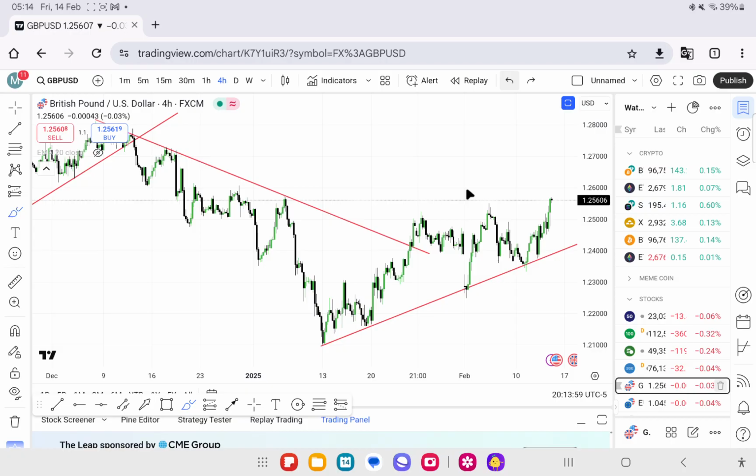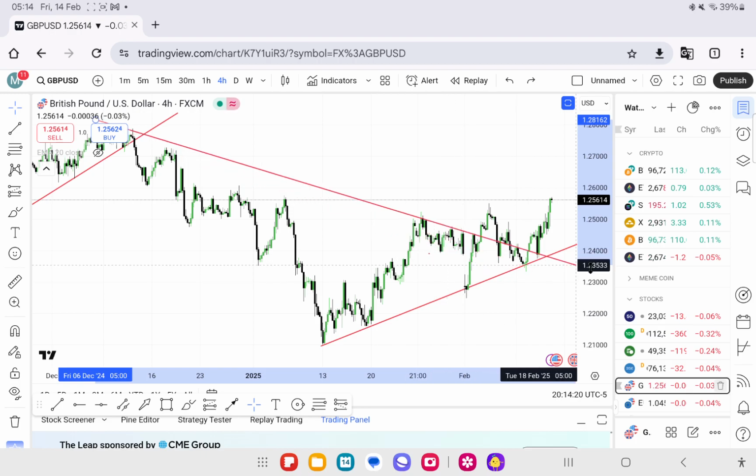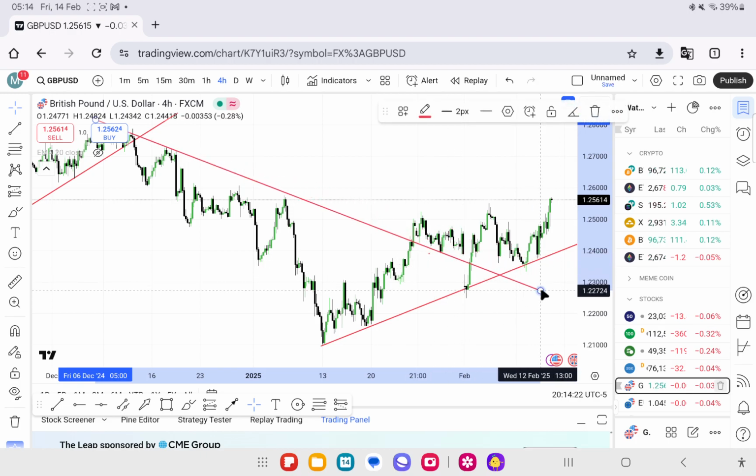The same thing will happen with resistance. If this is a support, when the support is broken, it will work as a resistance, and if a resistance is broken, it will work as a support level. For example, we can talk about this as well.